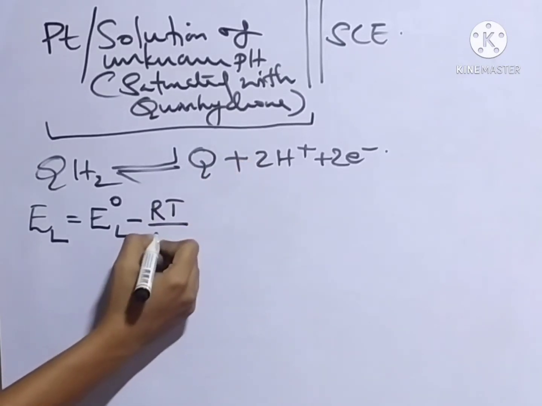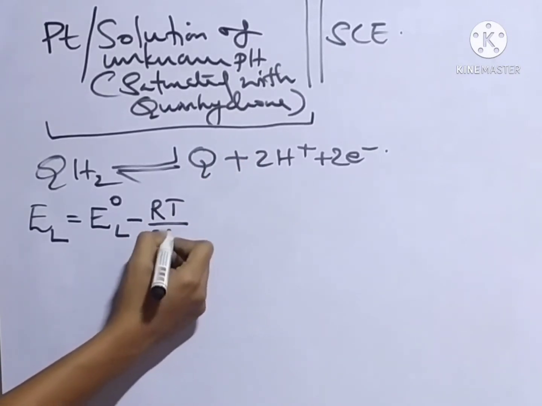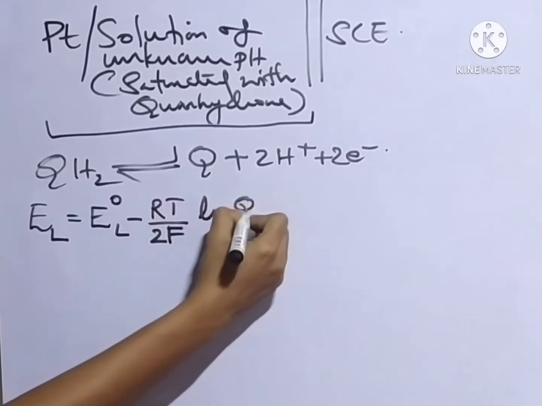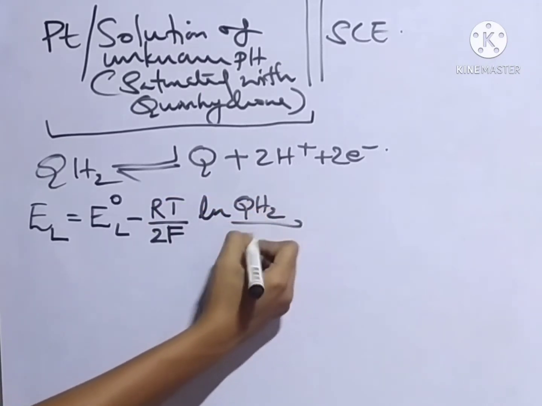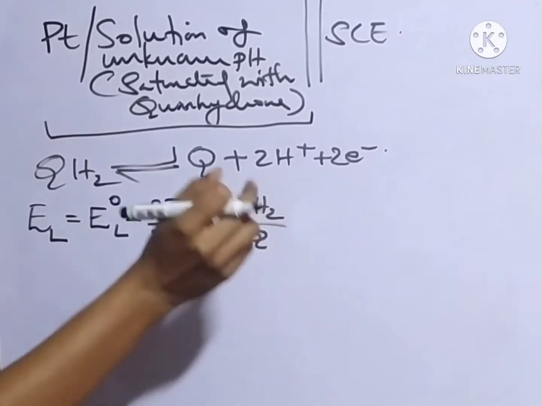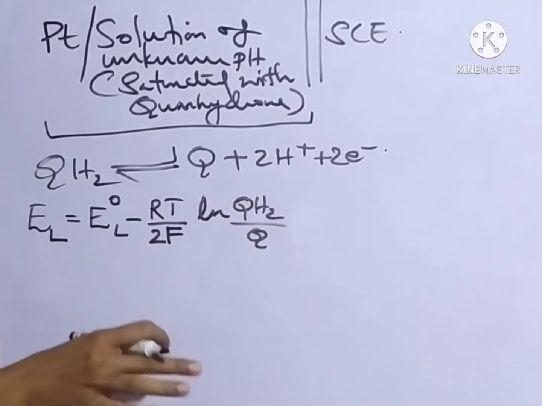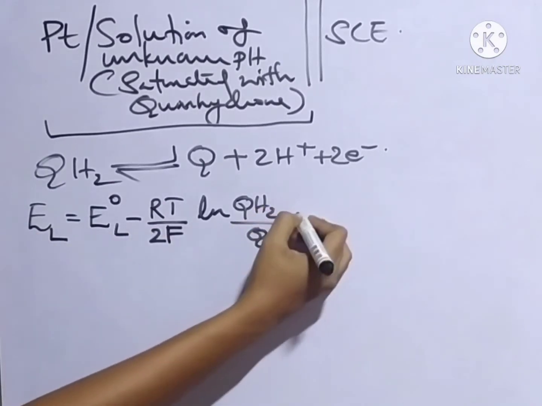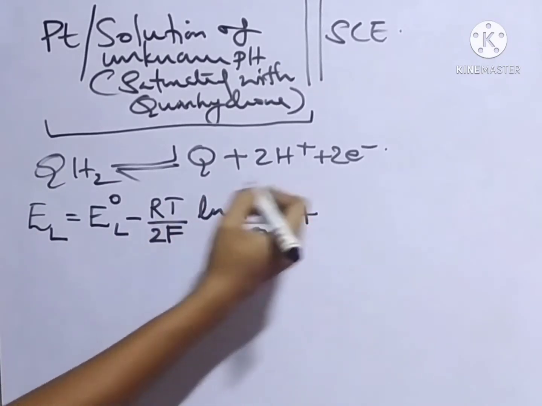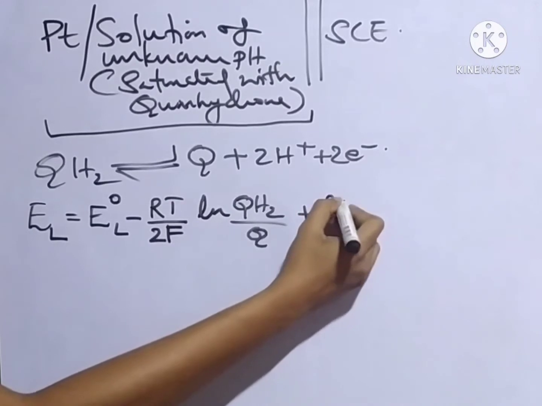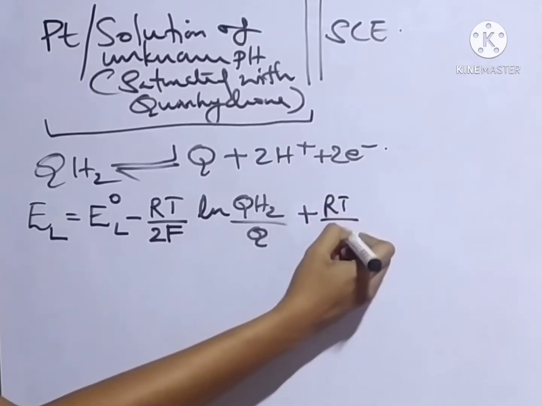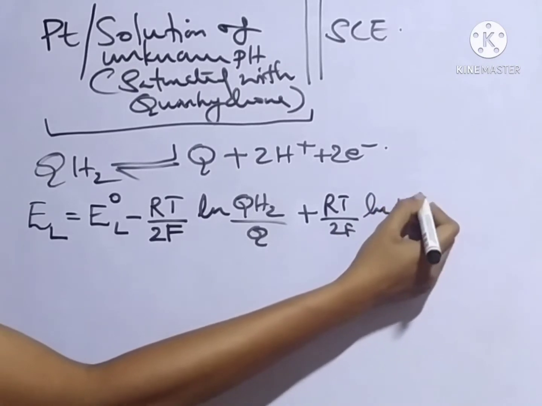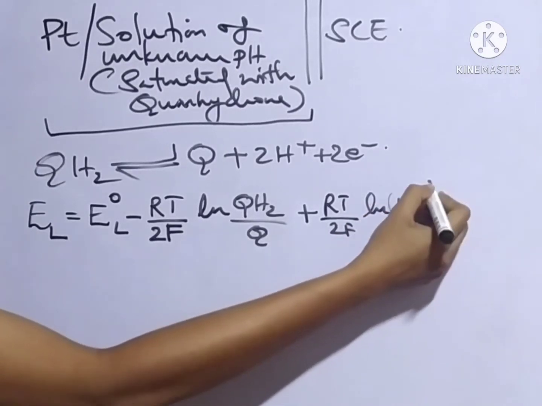Here n is 2, so I'm going to take it as 2F, ln QH2 divided by Q. The H plus term is also there, but I'm going to split it. So it will become plus RT by 2F ln H plus raised to 2.